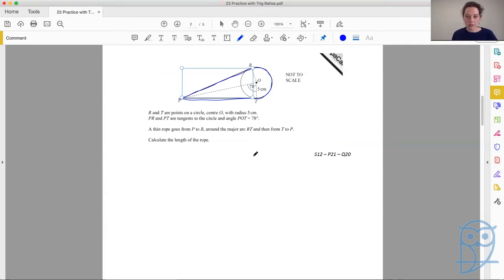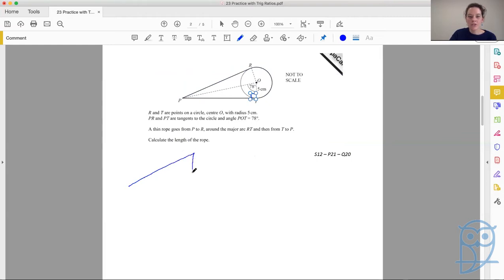Okay, so if we just take off my blue bits there for now so we can see what's going on. One key piece of information is a tangent meets a radius at right angles. See, now we're getting magic going.